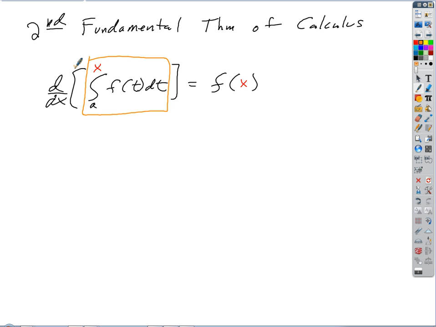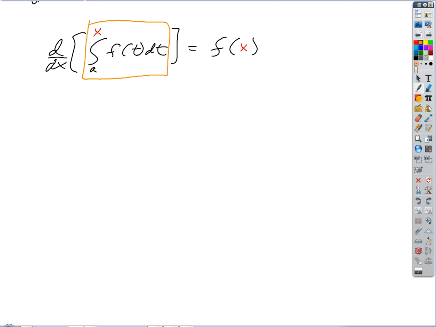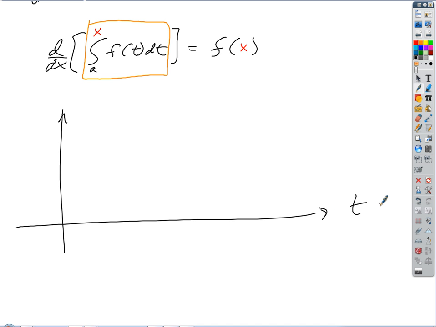So what does this really mean? If I've got some function, let's draw a picture to represent this. If this is the t-axis, and let's say this is f, what if we want to go from a up to some value x?